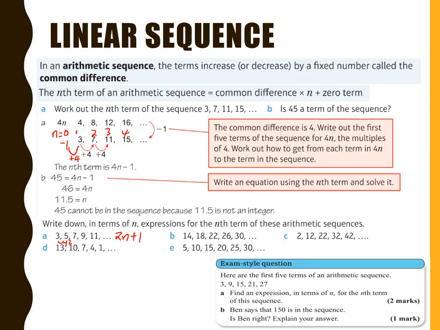If it's not a whole number, then you'd say, sorry, it can't be a term because n cannot be a decimal number. It has to be an integer.